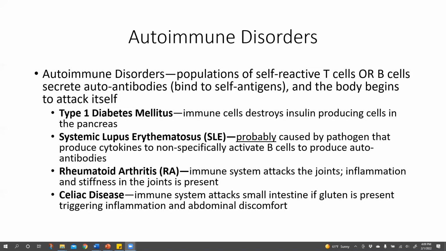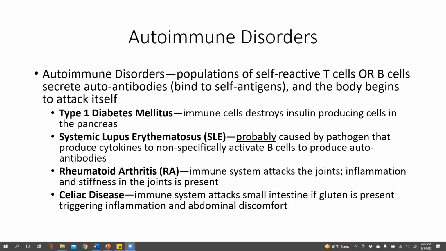Or excuse me, autoantibodies. That's kind of the important part there. They're autoantibodies. Okay. So you're having this pathogen secreting these cytokines. We're activating B cells to produce autoantibodies. Those autoantibodies are then attacking our own bodies.